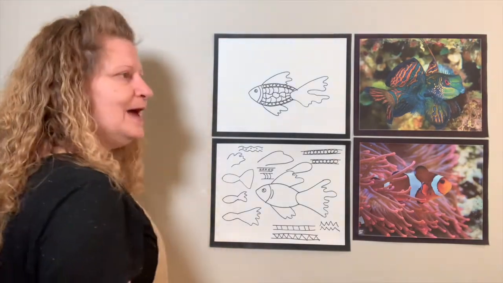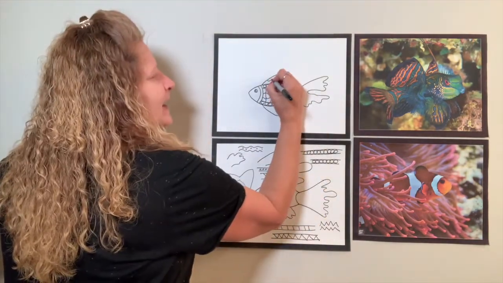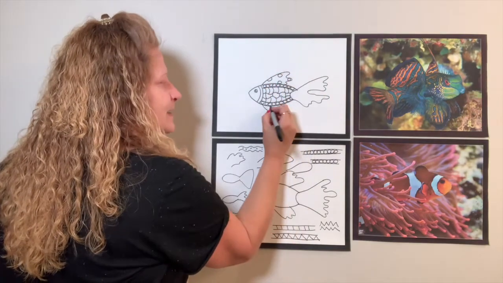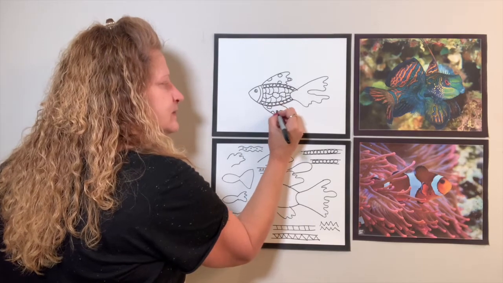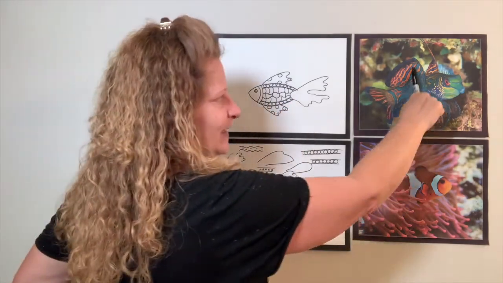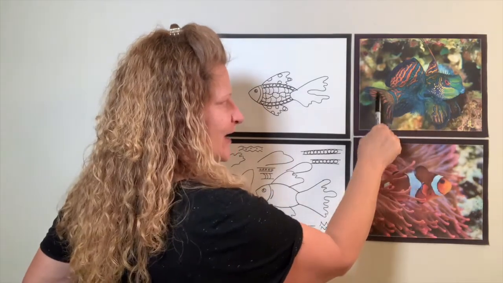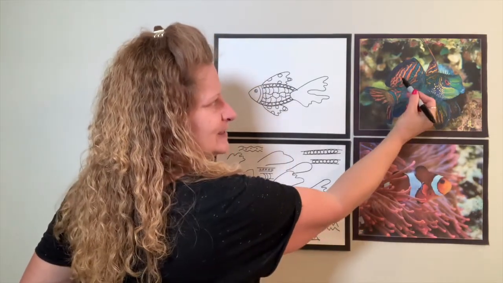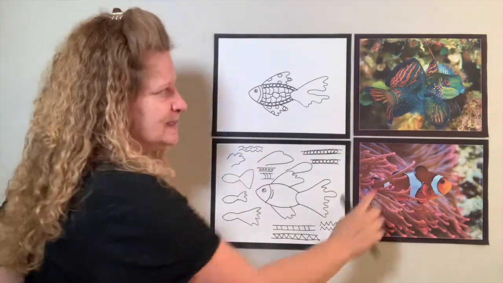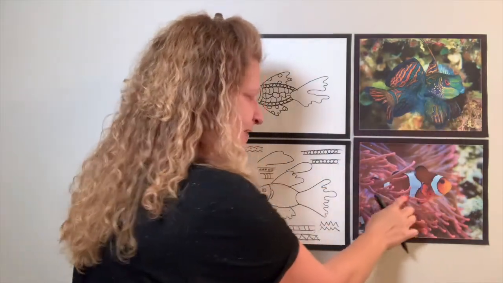All right, now I think I want to also add something to my fins, and maybe I could draw some circles because we can be super creative. If we look here, this fish right here has lots of different lines, and look at this, he even has little circles on his fins. You can notice all of the different colors.